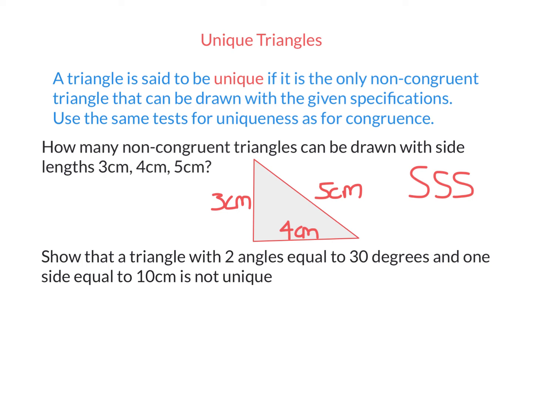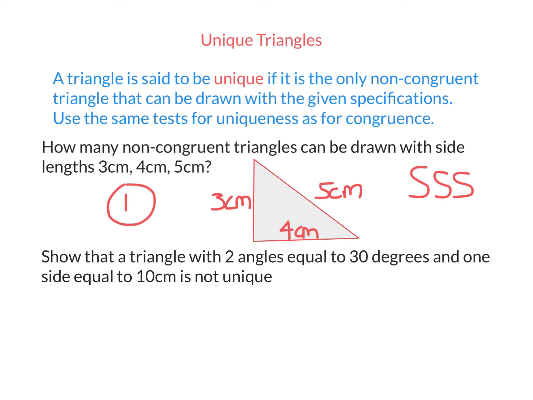So if you are given three side lengths for a triangle, then that triangle is unique. In other words, you can only draw one triangle with those side lengths, and any other triangle you draw will be congruent to the first triangle. So there's only one non-congruent triangle you can draw with these side lengths.